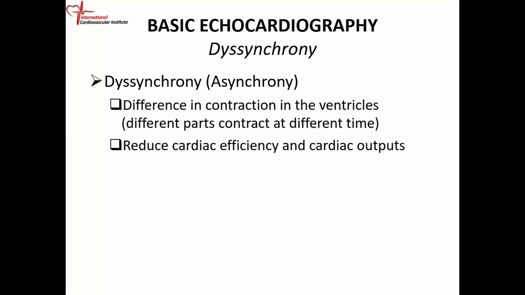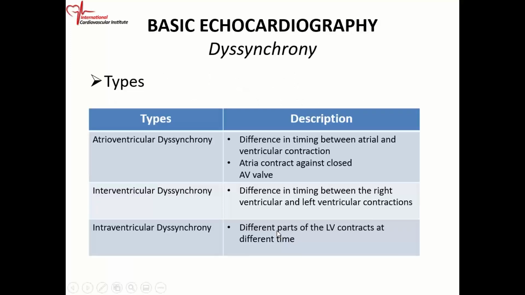You want them to contract at the same time to pump blood out. If the septum contracts and then a few milliseconds later the posterior wall contracts, then you're not going to mobilize the maximum amount of blood out of the heart. So we can synchronize that.